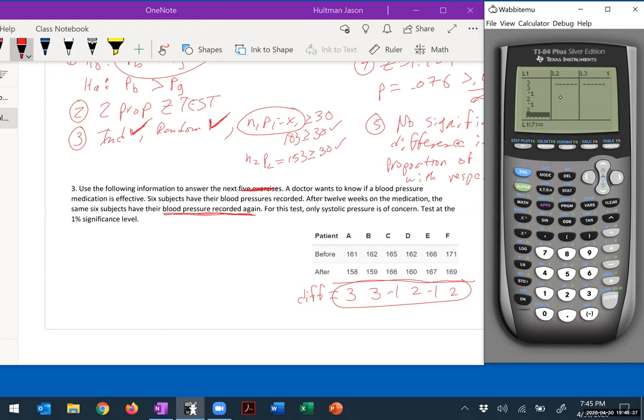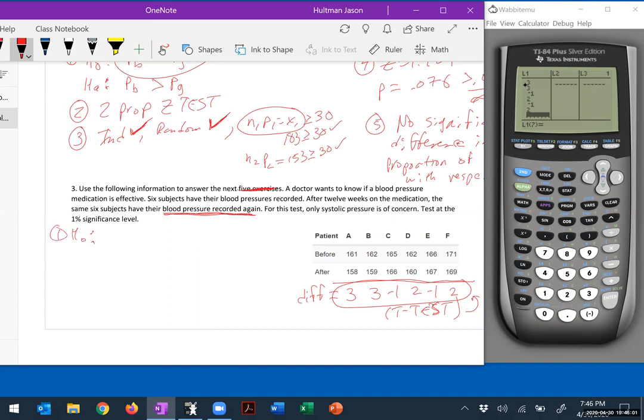I do. Now I'm going to use that data to do a t-test. I want to do a t-test on just the differences. So let's set this up.